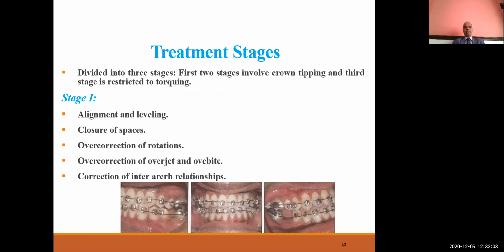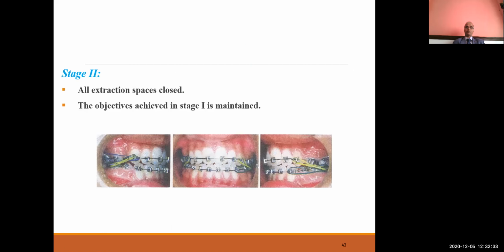Next is treatment stages. It is divided into 3 stages. The first 2 stages involve crown tipping, and the third stage is restricted for torquing, meaning root movement. So in stage 1, the alignment and leveling are done, closure of the spaces, overcorrection of rotations, overcorrection of overjet and overbite, and correction of the inter-arch relationship, meaning class 1, class 2, class 3.